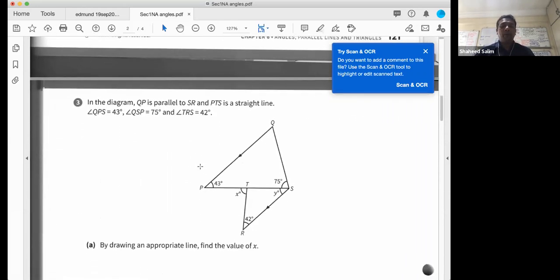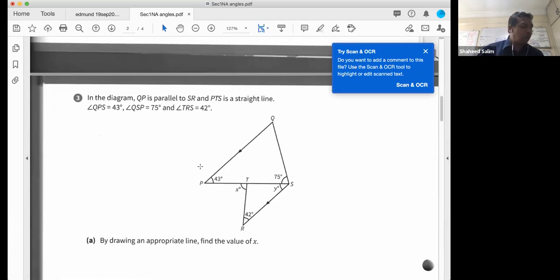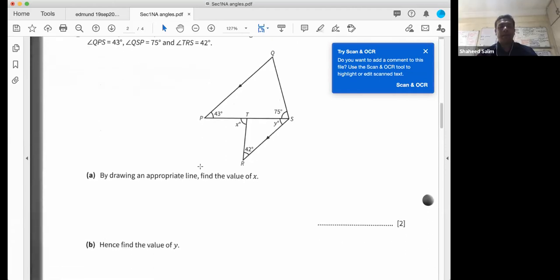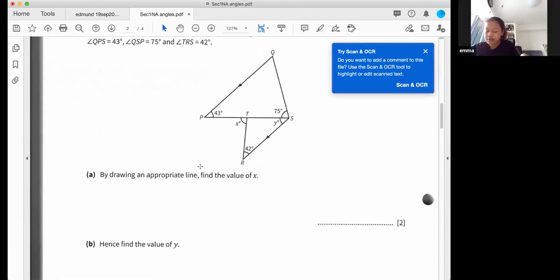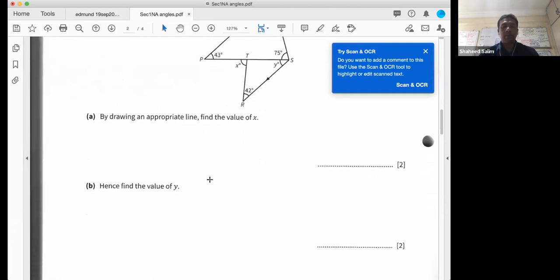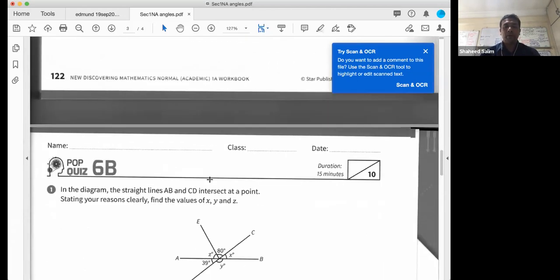Next one. What is the value of x? 85. Well done. Value of y? 43. Well done. You can see the z, right? Well done. Okay, then what about, let me see, this is 3a, 6b. Okay, b.